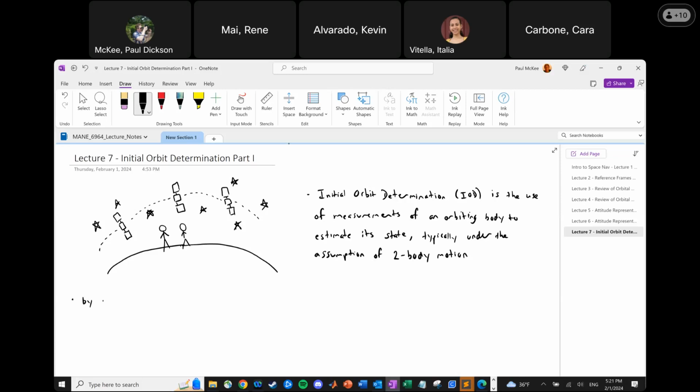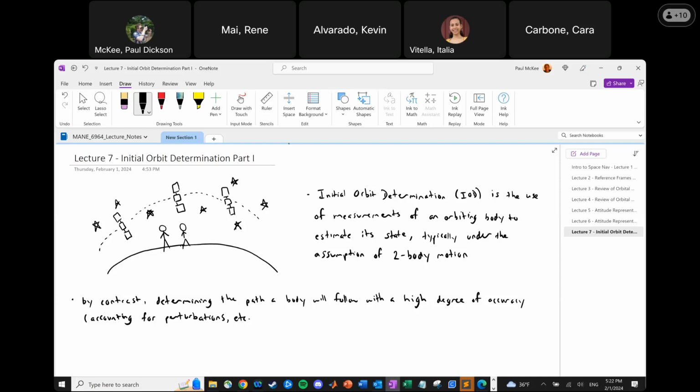By contrast, determining the path a body will follow with a high degree of accuracy, and this is, for example, accounting for perturbations, etc., is precise orbit determination, or POD.